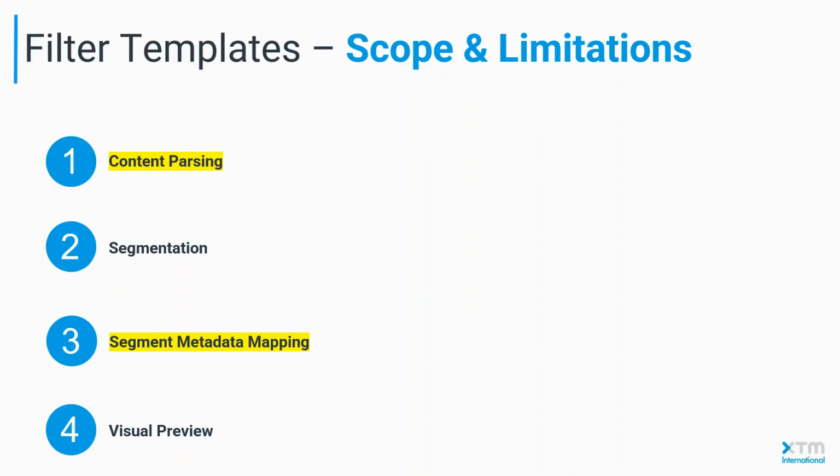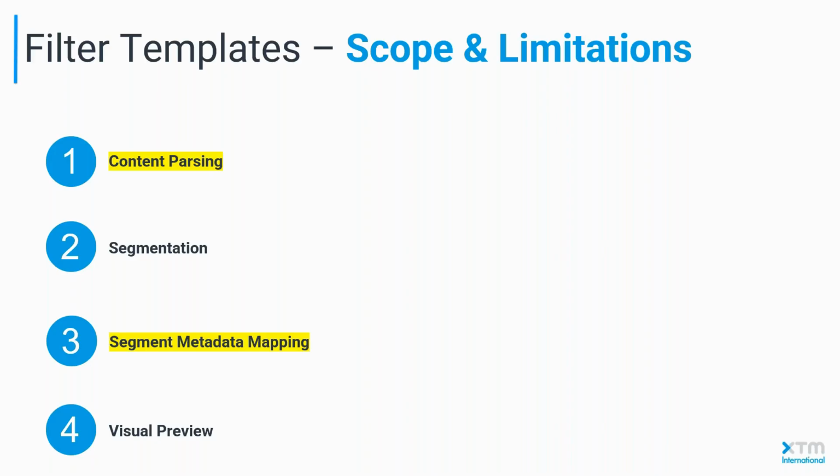Additionally, other pieces of metadata in the segments can be displayed as additional columns other than source and target, and we'll see that in the demonstration.